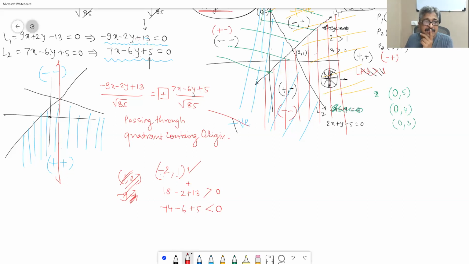Draw different sketches and check whether what we are saying works. If you take any other point, say 5, 2 or 5, 3, it will give you inequalities. If both the inequalities are the same, that means it is either in the origin-containing quadrant or the vertically opposite one. If both the inequalities are opposite, then it is in the remaining two.